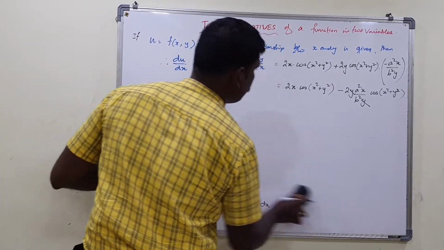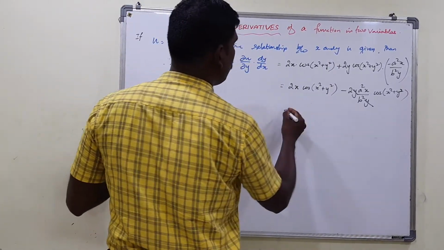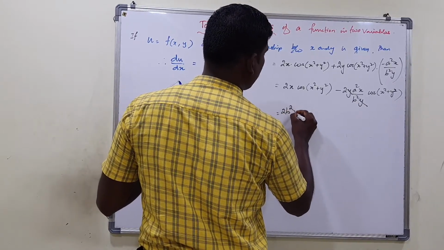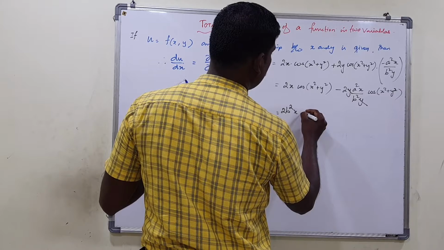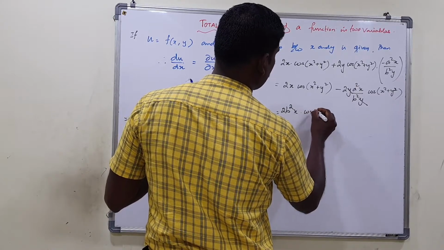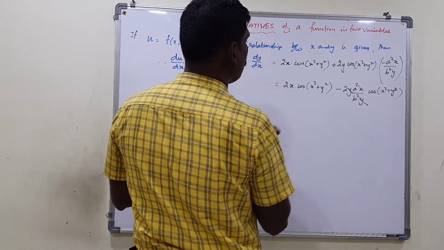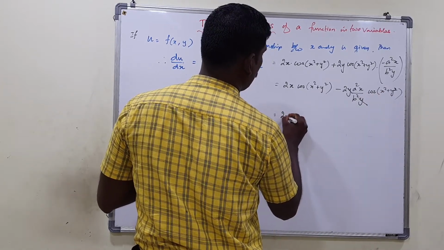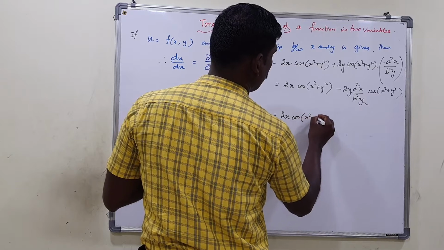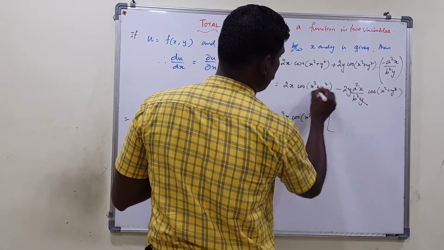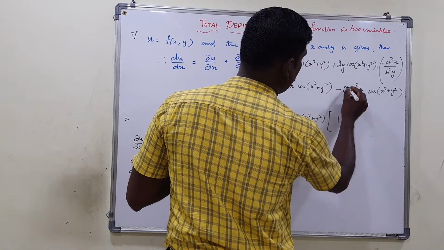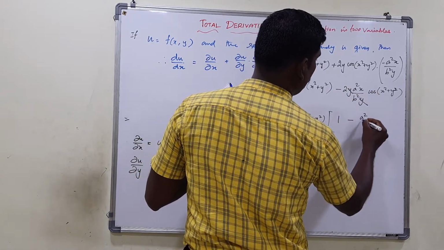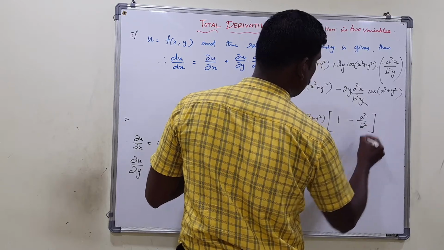We can take the LCM, since b square is in the denominator. Taking 2x cos of x square plus y square as common, what is remaining in the first term is 1, and a square by b square is alone inside the bracket.